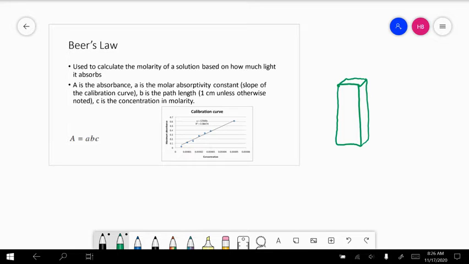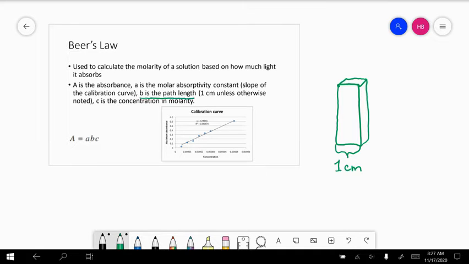Now, the path length is how far the light has to go through. The cuvettes are typically 1 centimeter, so this is the path length right here.